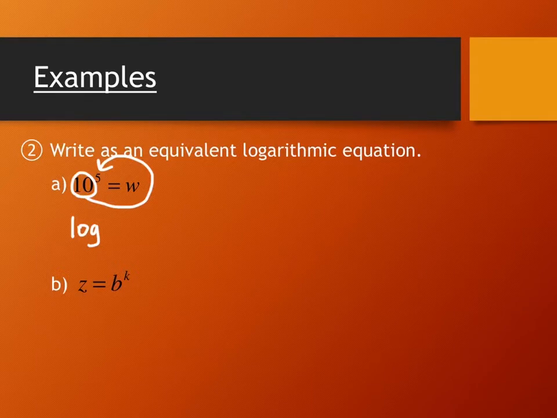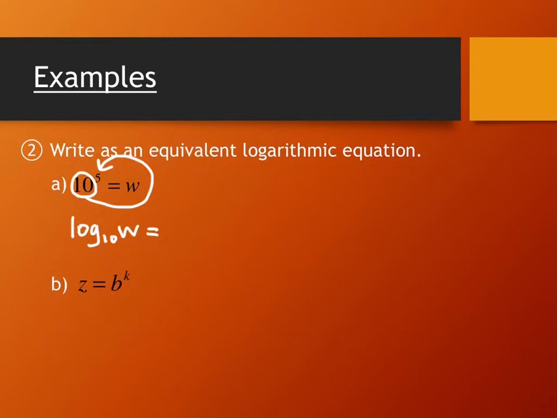Our base that we circled in the problem here was the 10. So our base for our log here will be 10. Following my arrow around, what do I encounter next? The W. So the W will come next on the same line as the log, and this will equal where I end. Where do I end?